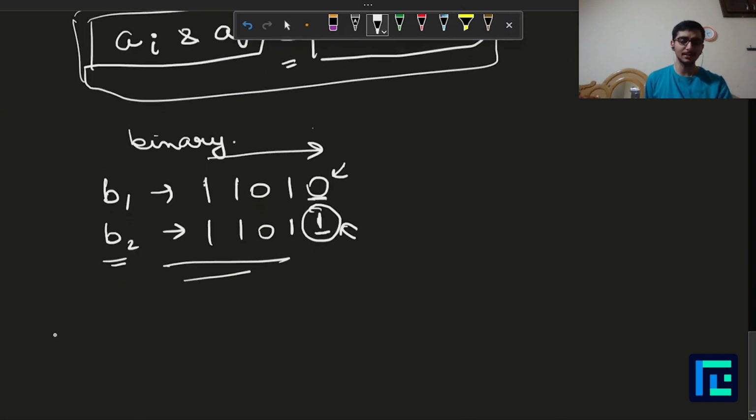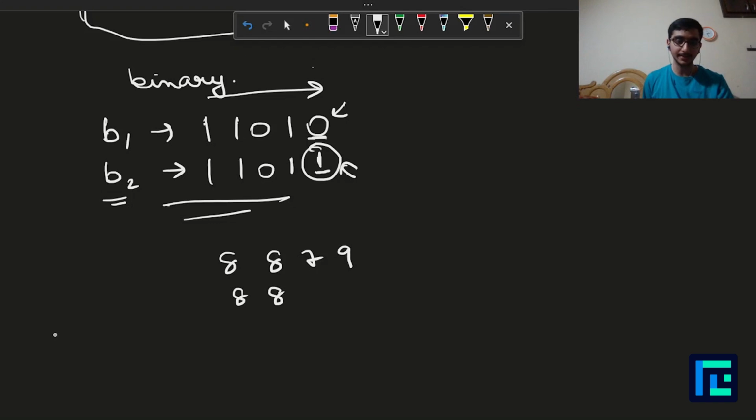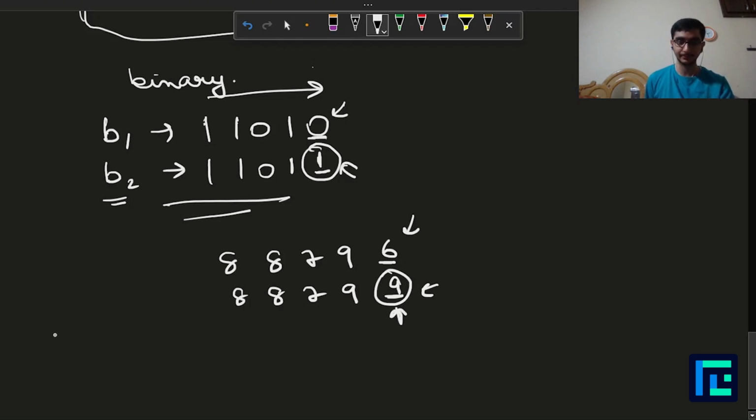And this is a property of any numbers in general. This also follows for decimal numbers as well. So if two numbers have the same prefix, and at the first position that they differ, the number with the higher value at that position is greater, right? So this number will be greater, and this is true for binary values as well.